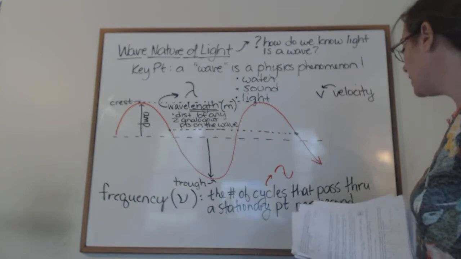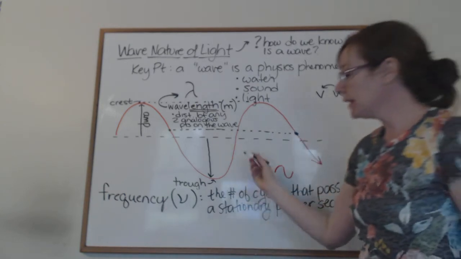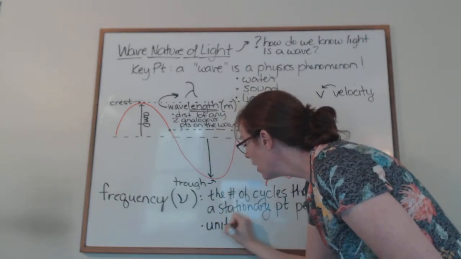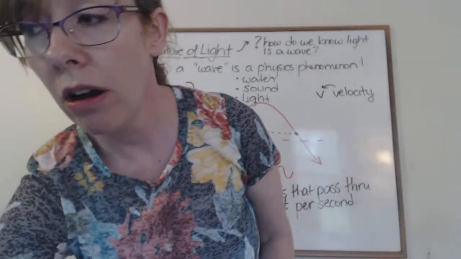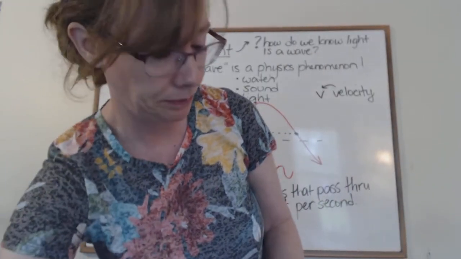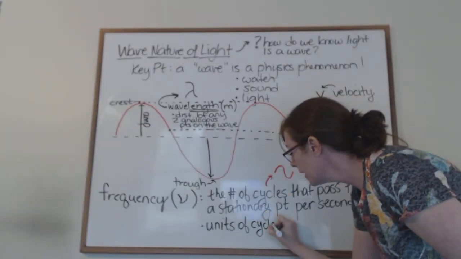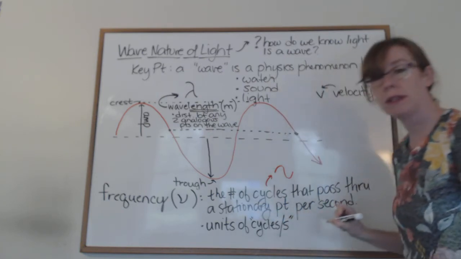And there are a couple things I want to say about frequency. So frequency has units, there's actually 3 units that are used for frequency. One of the units is cycles per second. So that's one of the units that you could use for frequency.